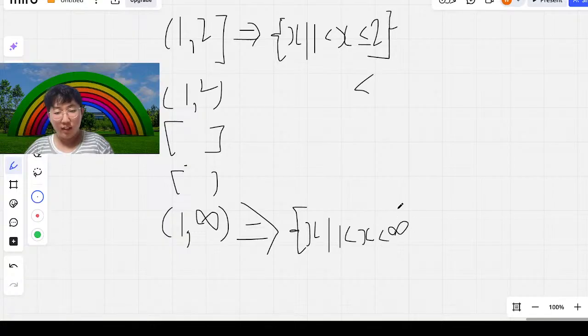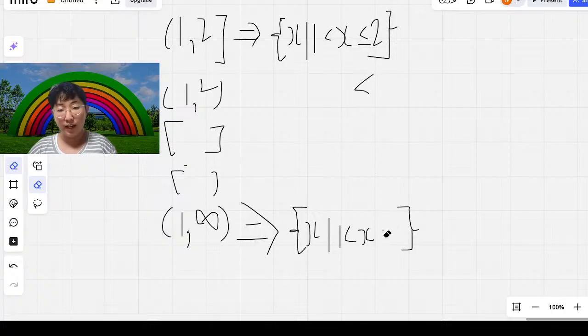But infinity is not a number. It's just a state of going extremely large. Even if x was really, really large, infinity would be even larger, to the point where you cannot count it. So you can just say that x can go up to as big as it wants. So you can just say that x is greater than 1.